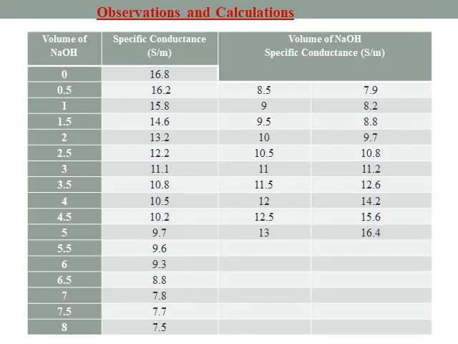Looking at the observations, when you dip the conductivity cell into the acid mixture, you get a zeroth reading of 16.8. As you go on adding sodium hydroxide, 0.5 ml at a time, the specific conductance value continuously decreases.